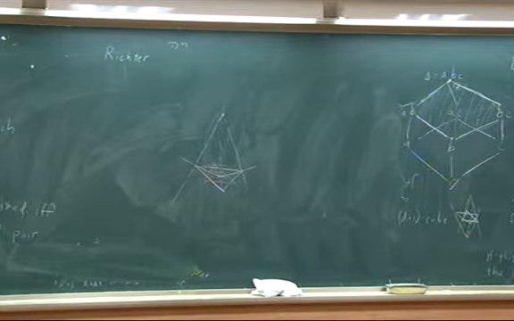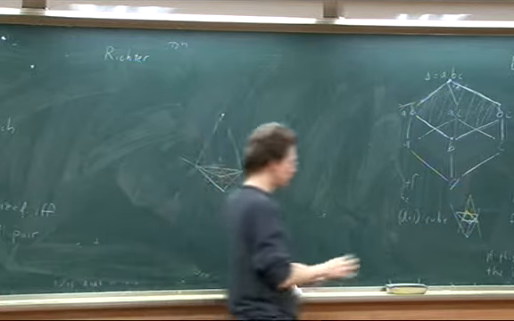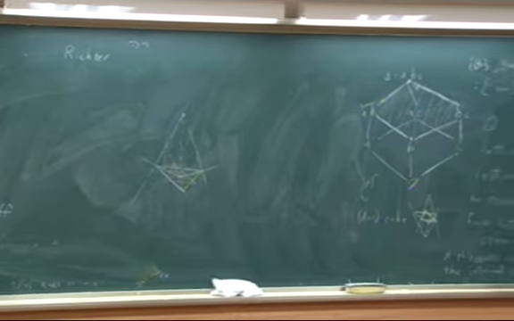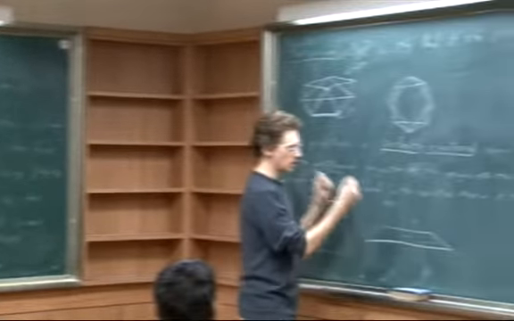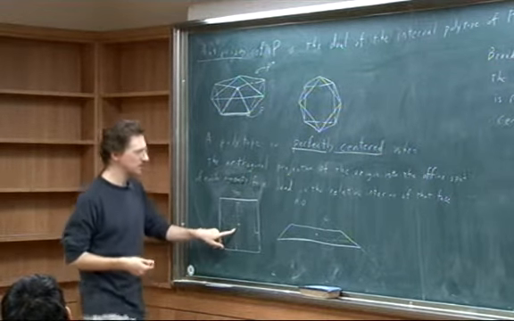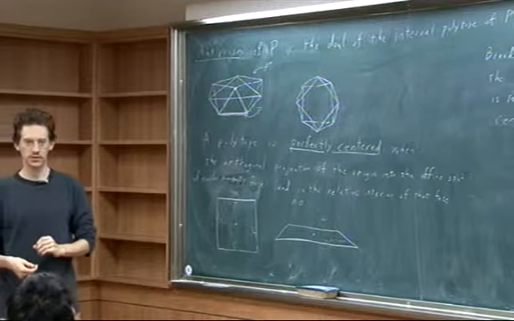So do you have some example showing something that's not perfectly centered, but is part of a balanced pair? No, I don't have an example of that. In some sense, there is an example, because if you start with this one, you form the polar. If this was perfectly centered, you'll always get a balanced pair.